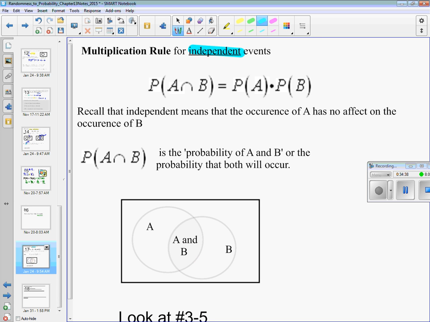What about if I'm in an airplane and my left engine fails? What's the probability that the right engine is going to fail? Is one going to affect the other? They're 2 separate engines. It's yes. They are not independent. They are dependent. Why would that be a dependent situation?